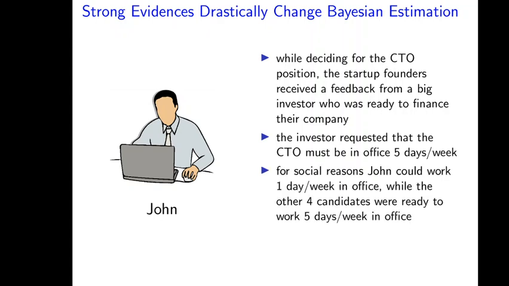When the founders went back to the 5 candidates, they found that for some social reasons, John was not able to be in office full time. He can only be in office 1 day per week, and the other 4 days per week he can work from home. But the other 4 candidates were ready to work 5 days per week in office. Now, if we have this new evidence or this new update, what are the chances that John got the job?